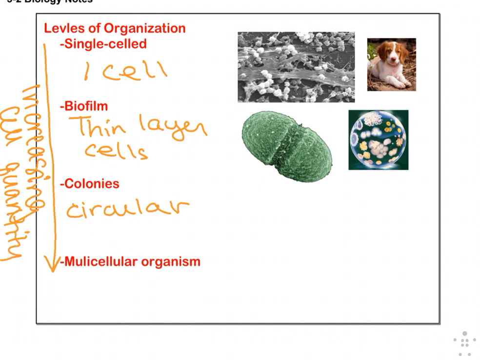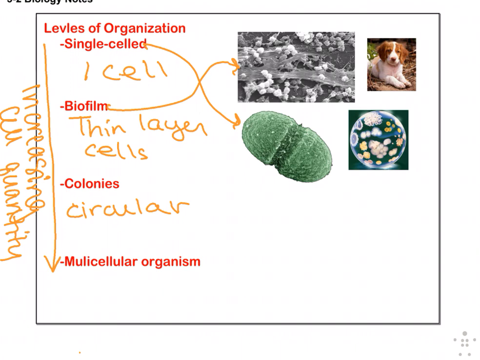So this right here is your example of a single cell, usually just a bacteria. Your biofilm is up here. Where would you find a biofilm? You experience a biofilm regularly. Not your dead skin cells, nope. Your teeth.